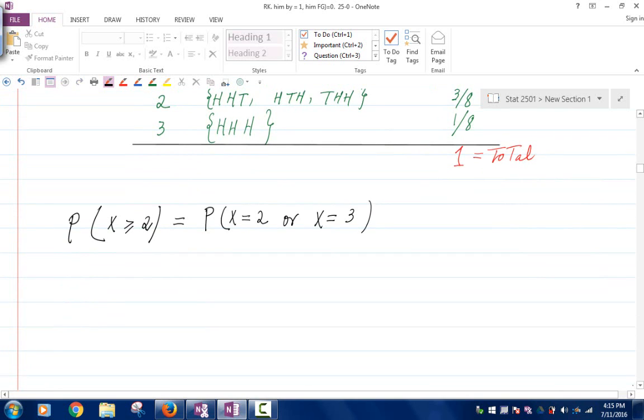And so this would be equal to the probability of the event that X is 2 union the event that X is 3.